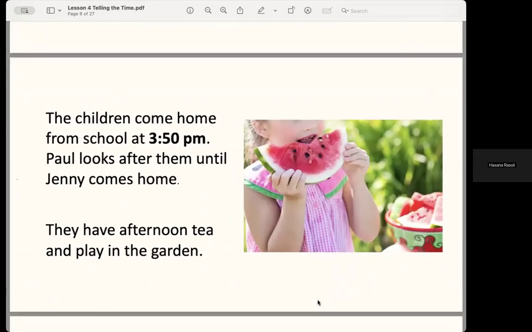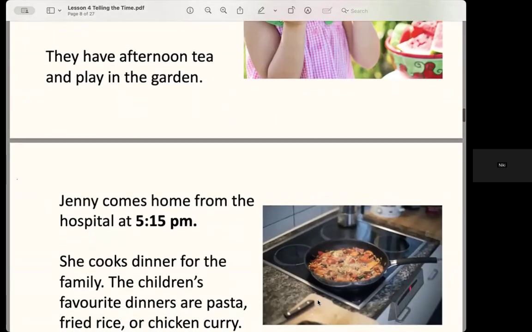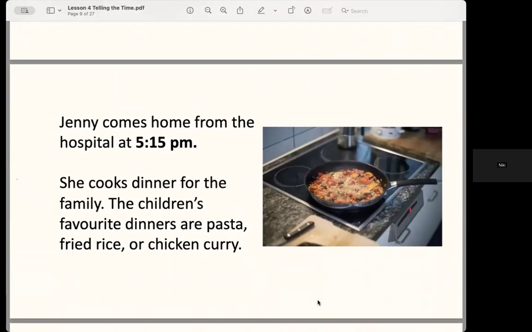Reading, please. The children come home from school at 3:50 p.m. Paul looks after them until Jenny comes home. They have afternoon tea and play in the garden. Okay, nice reading.